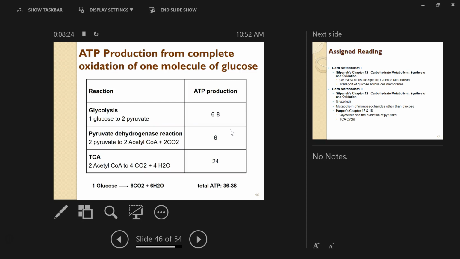Okay, this is the last slide for this. If we already calculated the ATP production from glycolysis for one glucose molecule, if it's completely oxidized, for example in the brain, glycolysis is only part of the oxidation process, right?